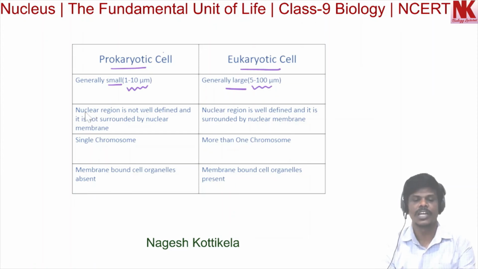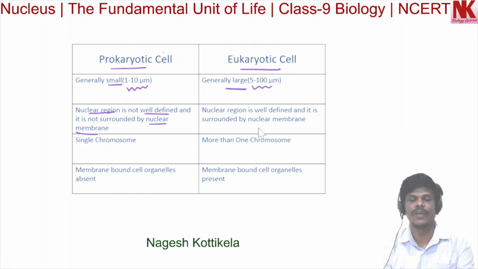The nuclear region of prokaryotic cells is not well defined and it is not surrounded by nuclear membrane. But in case of eukaryotic cells, there is a well defined nucleus, and the nucleus is surrounded by nuclear membrane.